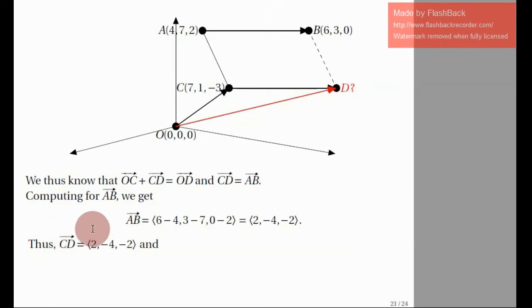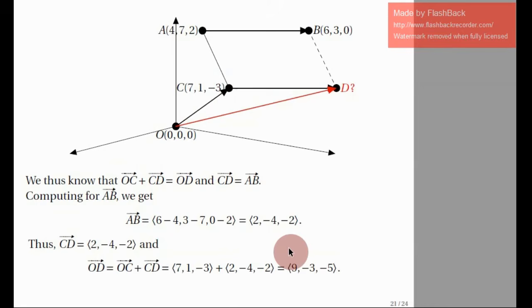Substituting this vector into our equation here, already knowing what vector OC is, which is just this in vector notation, then we can look for vector OD as follows.